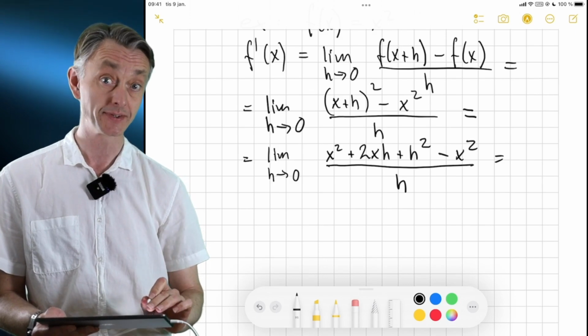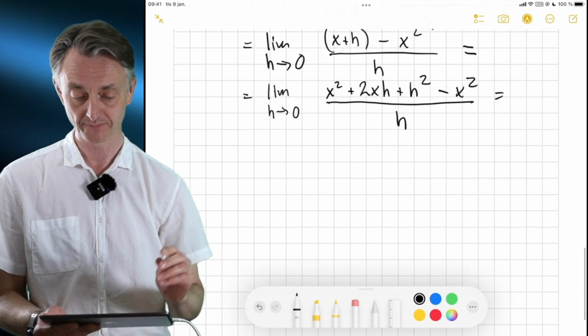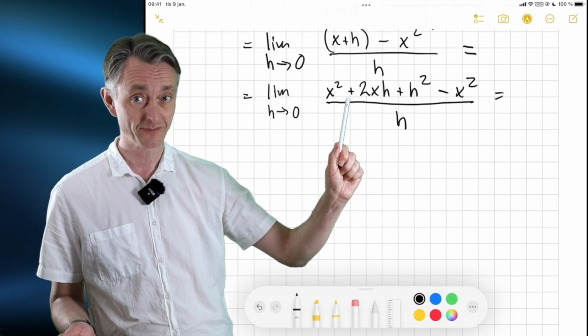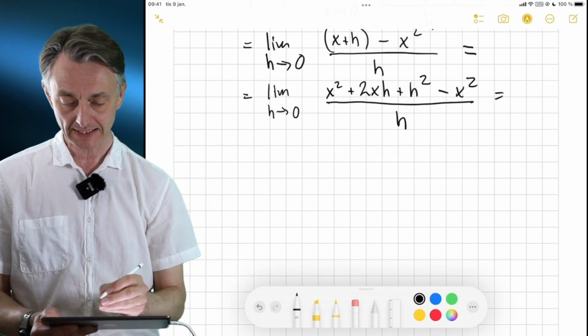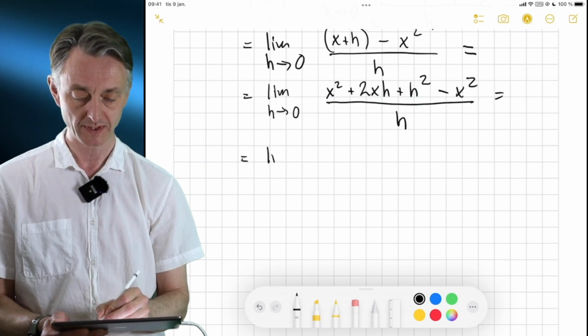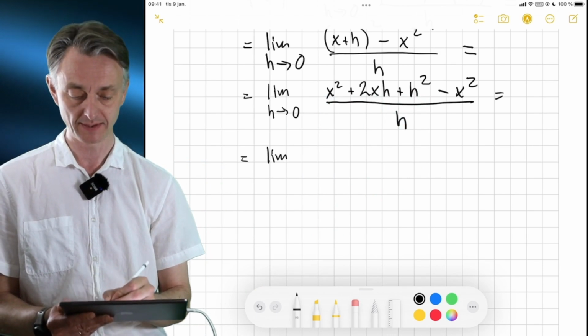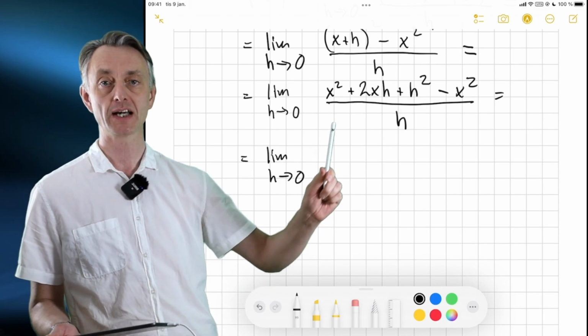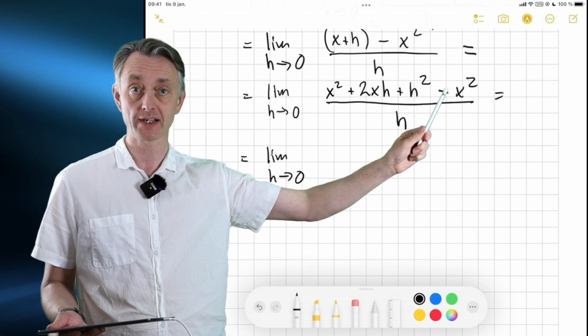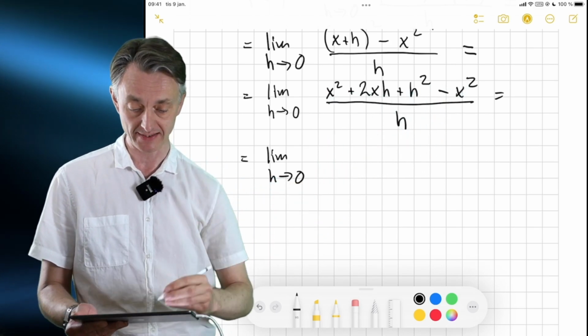And this, in turn, is equal to, this was rule number 1 from the rules of algebra, if you remember. This is equal to the limit of the function when h tends towards 0. And here we have x squared, and here we have minus x squared, so they cancel out.